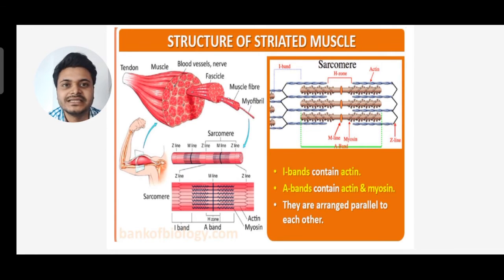I bands contain actin filament, and A bands contain both actin and myosin filament. They are arranged parallel to each other.